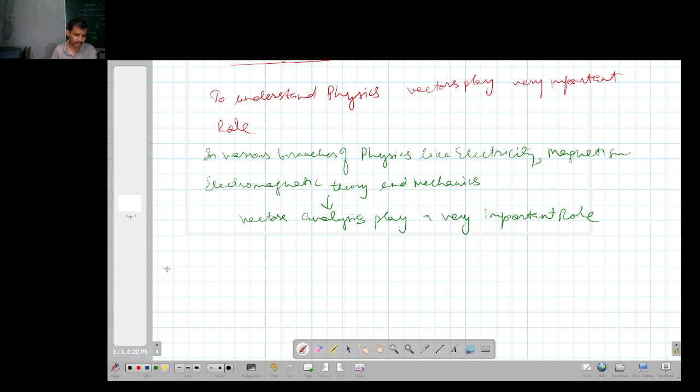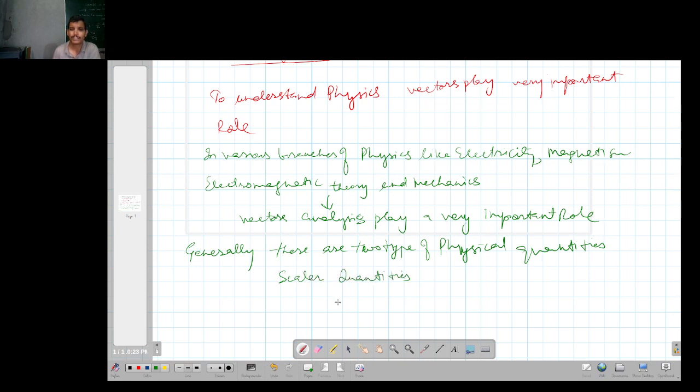Generally, there are two types of physical quantities. One is the scalar quantities and another are the vector quantities, right?